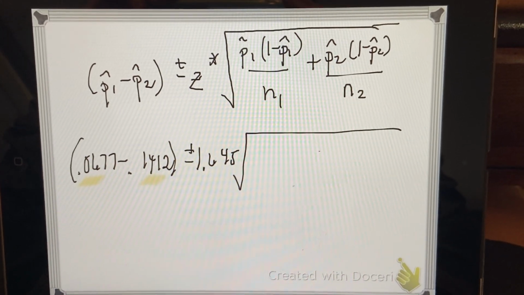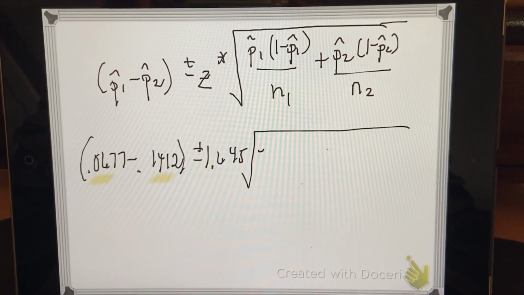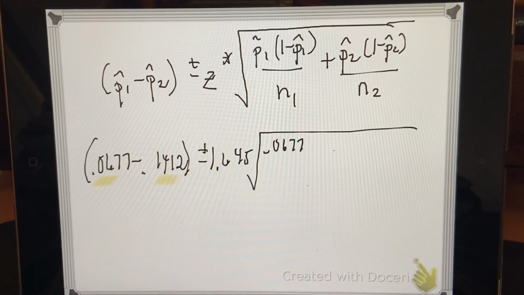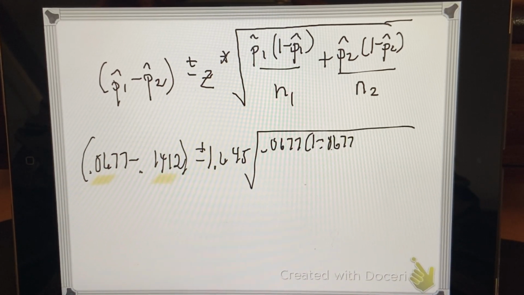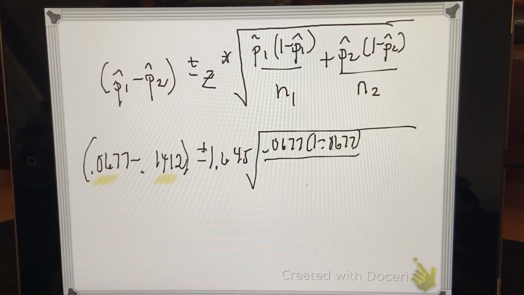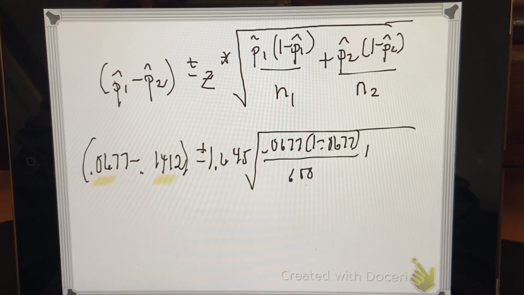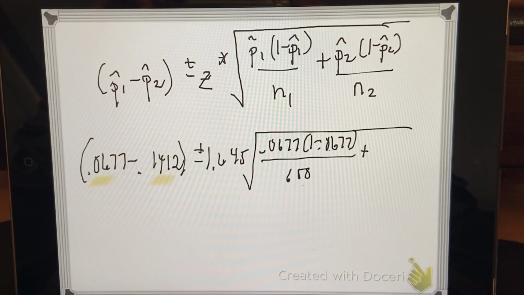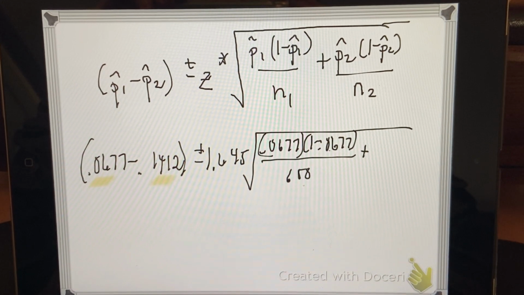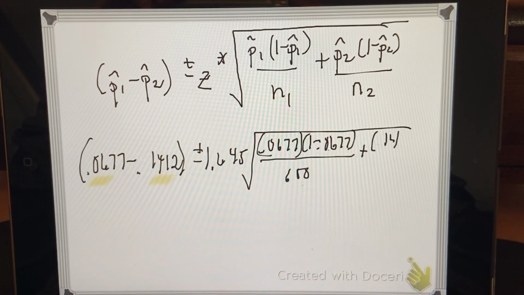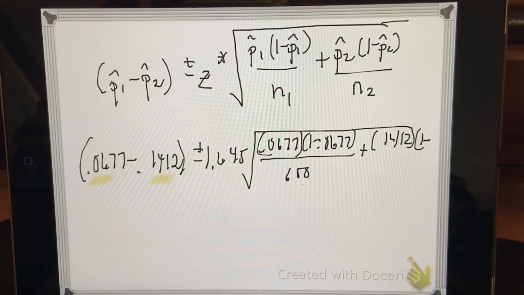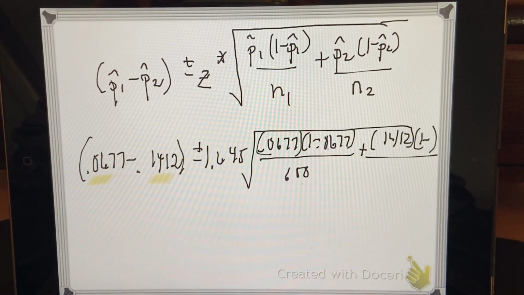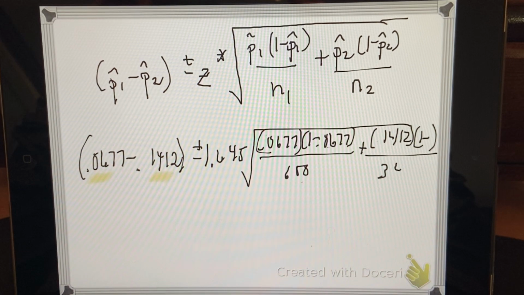Okay, they're the same. So 0.0677 times 1 minus 0.0677 all over 650. And then 0.1412 times 1 minus 0.1412, I'm going to run out of room, but you get it, over 347.